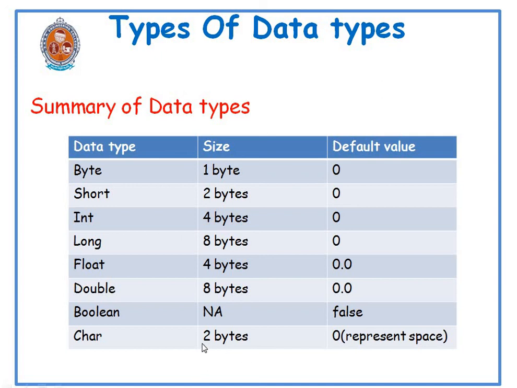To represent a Unicode value, 2 bytes of memory are sufficient, whereas in C and C++ it is enough to store ASCII values using 1 byte of memory.